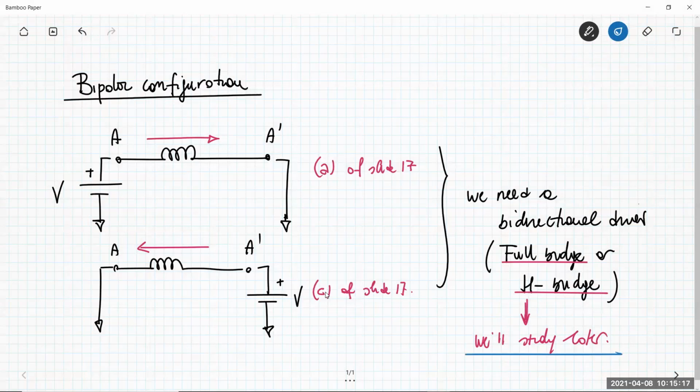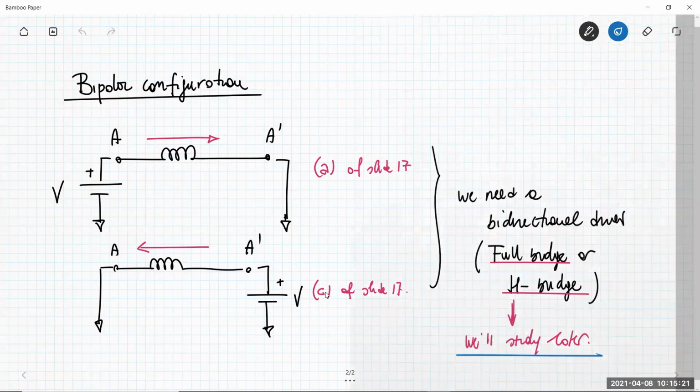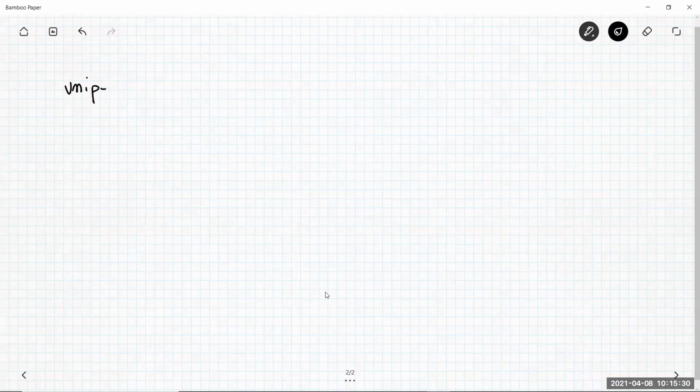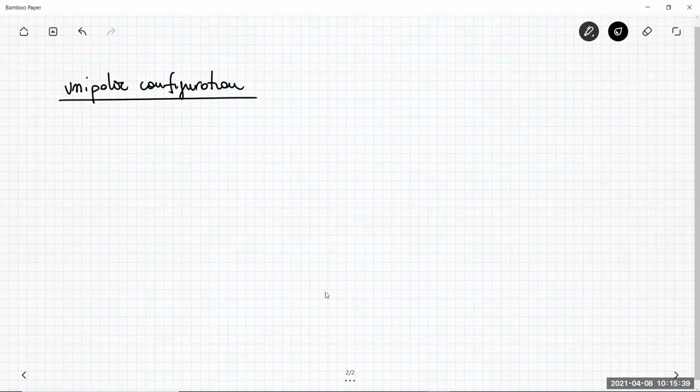There is another possibility, and it is fully exploited in stepper motors to drive the winding of the phases, which is called the unipolar configuration. The unipolar configuration is made by the winding, which is connected between node A and A prime.